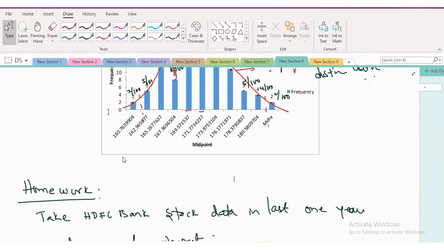Less in frequency means the probability of that particular instance happening is very less. It is going to fall where? This side or this side. Agree? So if the probability is very less, can I call that abnormal at the extreme ends? Are you understanding what I'm saying? So by looking at the histogram also, I can find out the outliers.